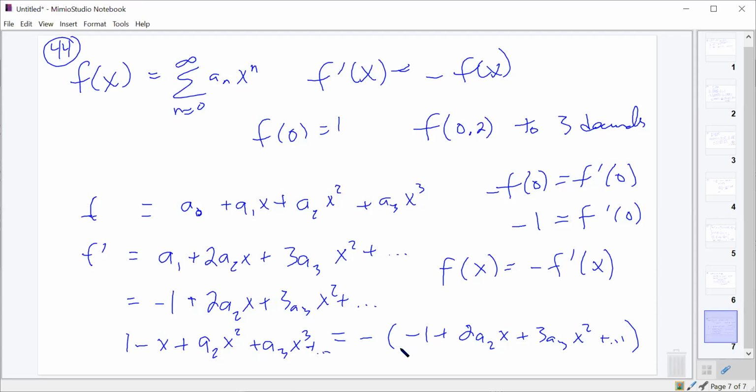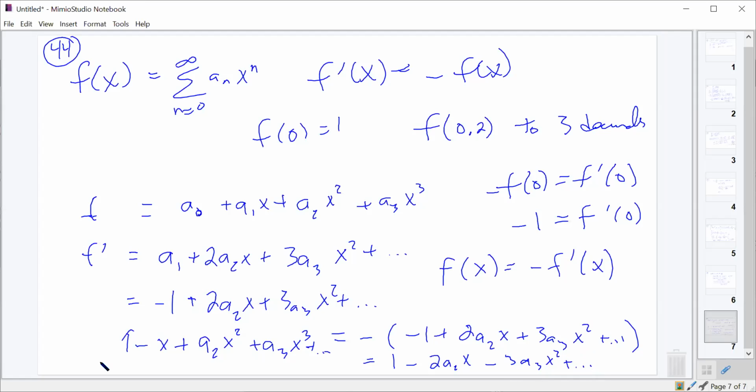I was doing well up till this one. Oh, right. I know what I'm doing here. So this left side becomes 1 minus 2 a sub 2x. I'm just matching these things up incorrectly. 1 minus 2 a sub 2x plus 3 a sub 3x squared, and so on.